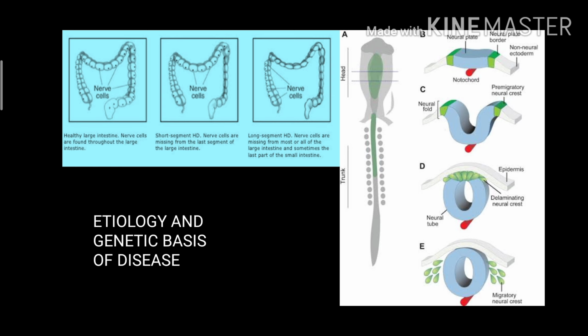Normally they become ganglion cells in the large intestine by migrating up to here in the rectum. But in Hirschsprung's disease, when it only migrates up to the rectosigmoid junction, it becomes a short segment HD, and if it only migrates up to here, not until the rectosigmoid junction, it becomes a long segment HD. So this migration of ganglion cells from the cranial to caudal direction is affected in HD.